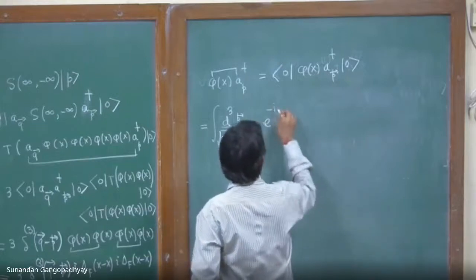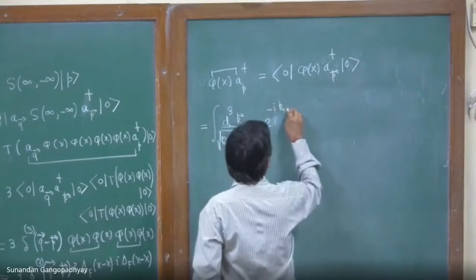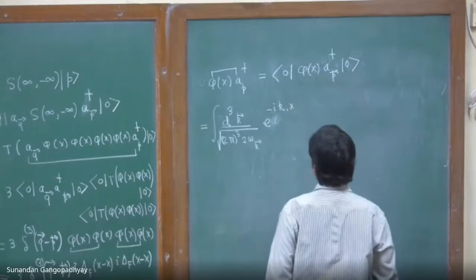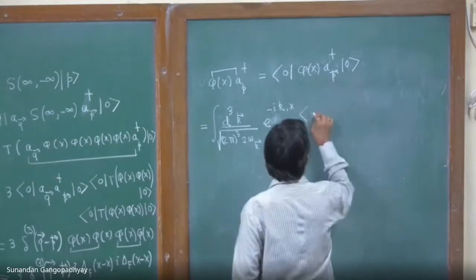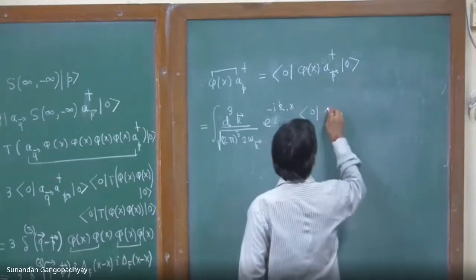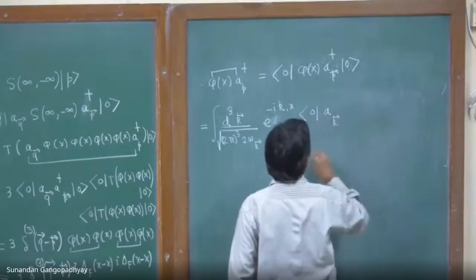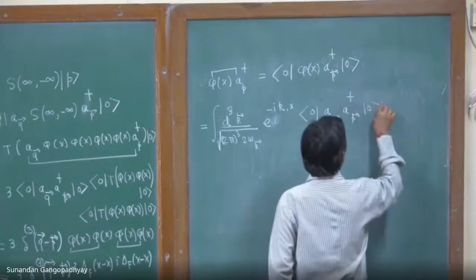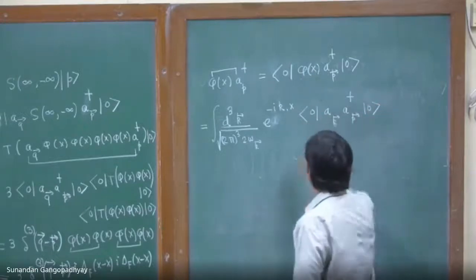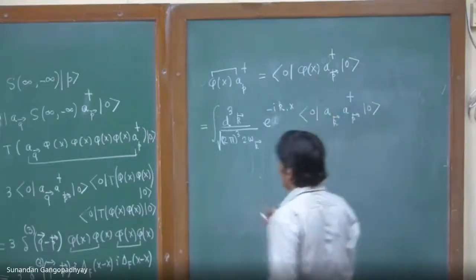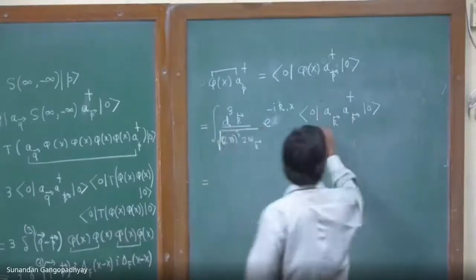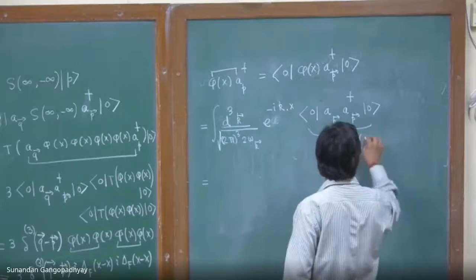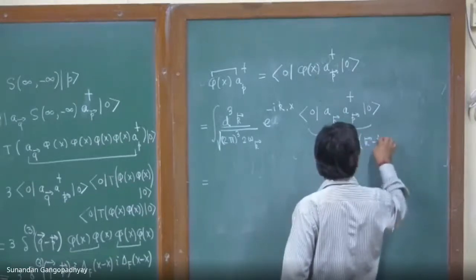Therefore, we just have this term with e to the power of i k dot x, and then the vacuum expectation of a k a dagger p. But as I said, the a dagger term will vanish. Now this, you know what it is? It is basically delta 3 k minus p.